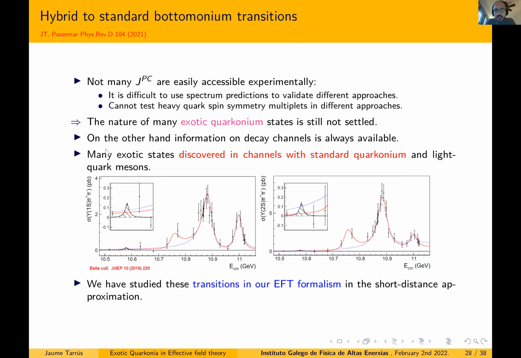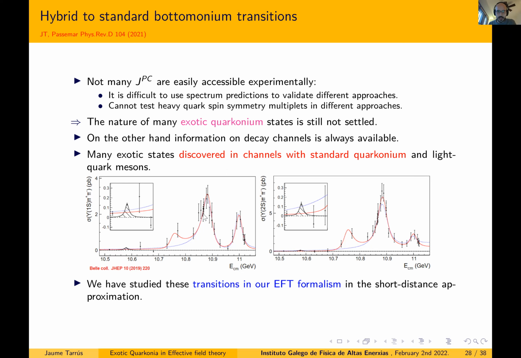But on the other hand, we always have information on the decay channels of the exotic states, and in particular we know the discovery channel. In many of these cases, these decay channels are decays into a standard quarkonium plus some light quark mesons. For example, I show you these two figures from this paper from the Belle collaboration, where you can see the cross sections to Upsilon 1S pi plus pi minus, and Upsilon 2S pi plus pi minus.